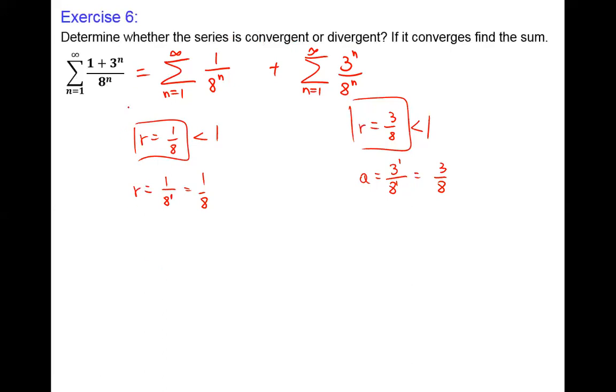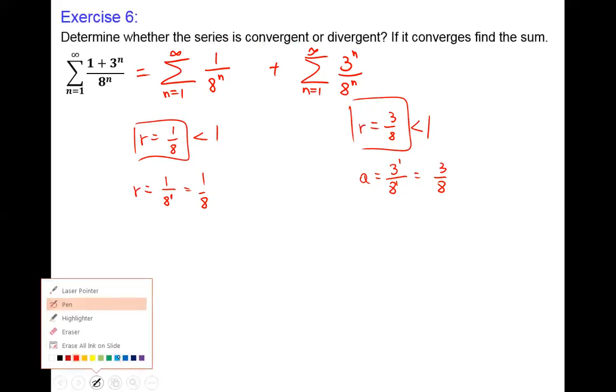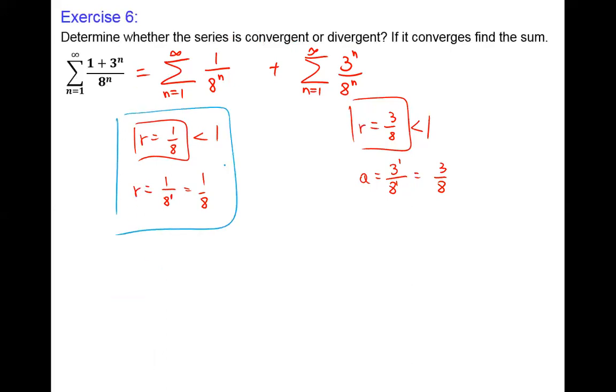Okay, let's put this together and let's find two sums and add them. This is the first one, this is the second one. The sum is a over 1 minus the common ratio, and we will be adding.